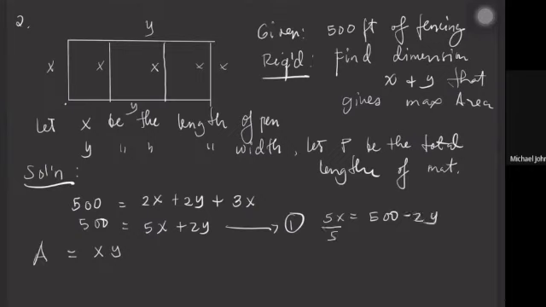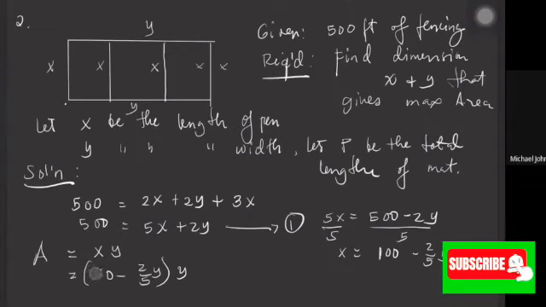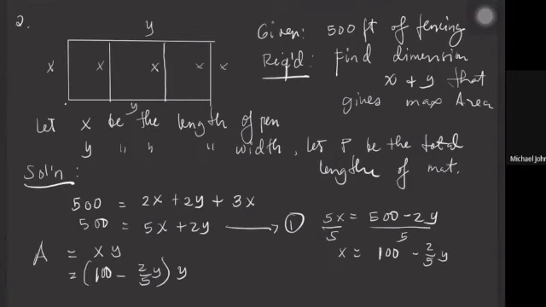Or if we divide both by 5, you can say x is equal to 100 minus 2 over 5 y. 500 divided by 5 is 100, right? So you can distribute your y, 100y minus 2 over 5 y squared. This is your area.